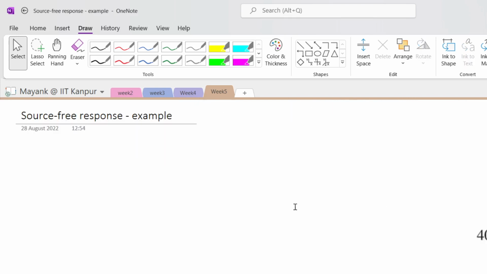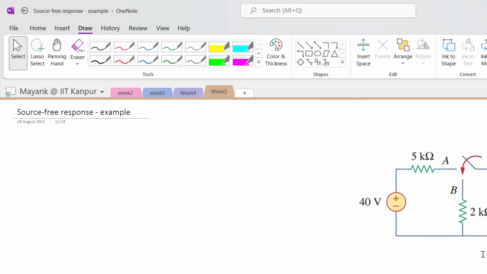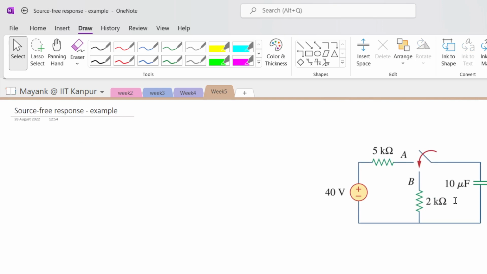Okay, so the second question is here. We want to find out what will happen to the voltage V as time t is greater than 0.